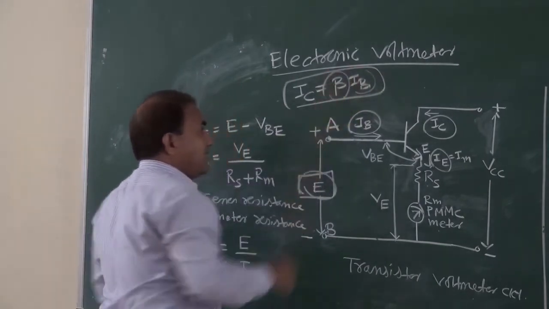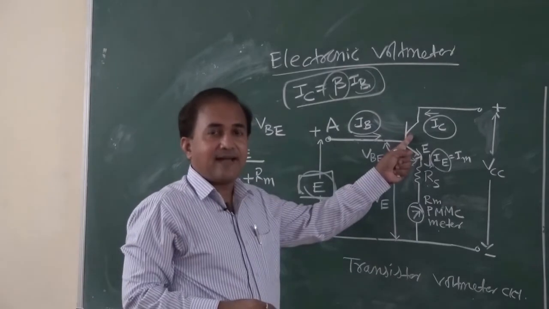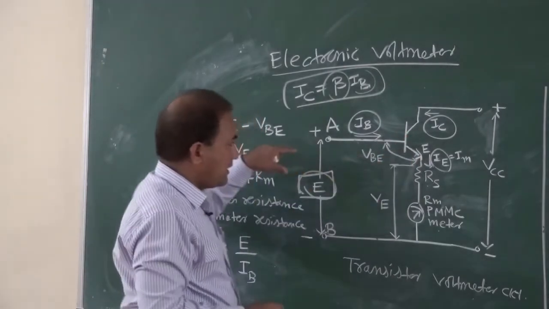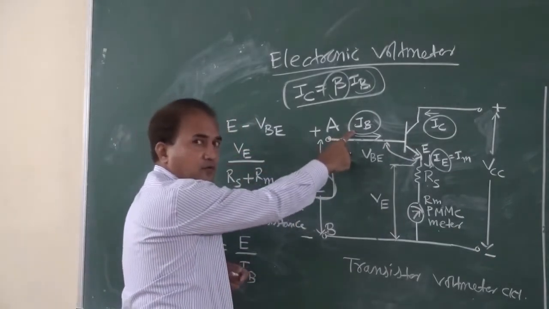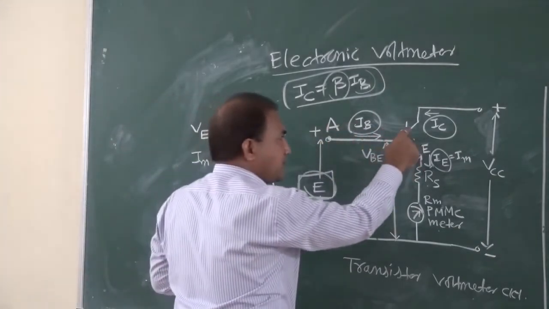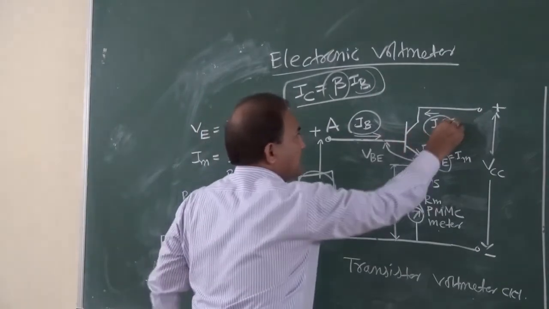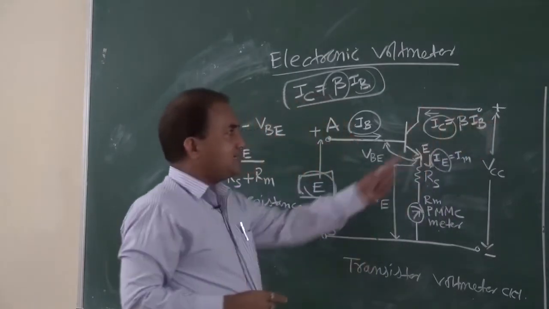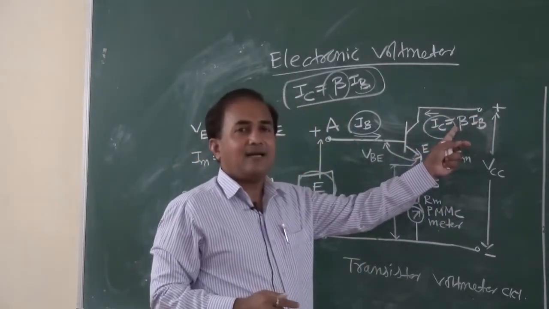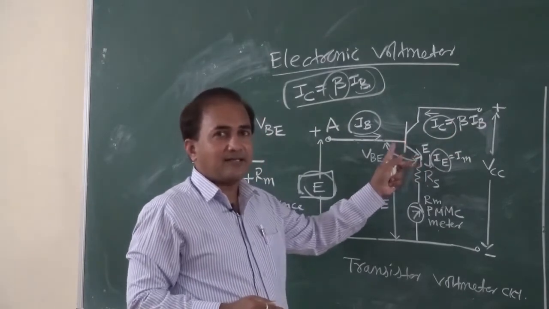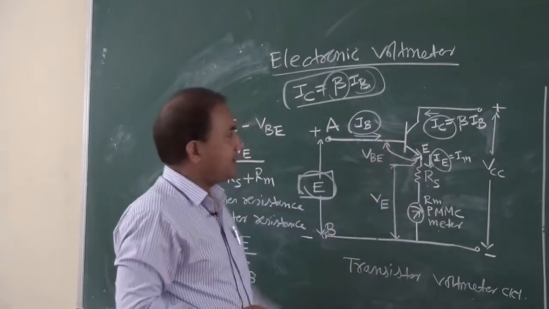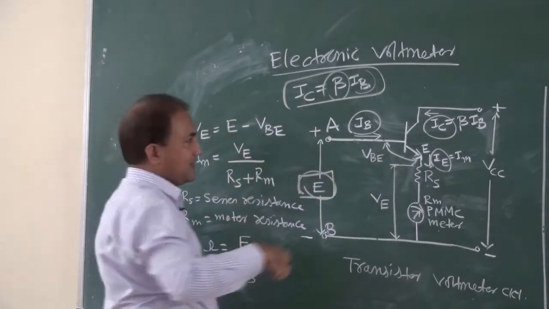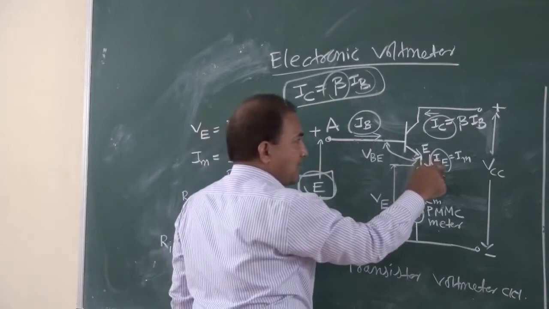So what is this beta? Beta is the amplification factor of this BJT transistor. Because of E, IB flows, and because of beta and IB, IC is equal to beta times IB, where beta is the amplification factor of this transistor, and this is an emitter follower BJT transistor.